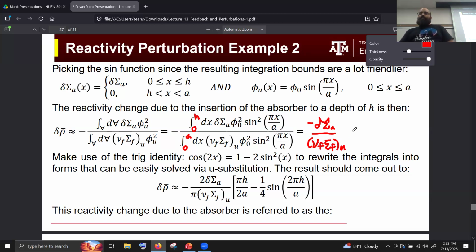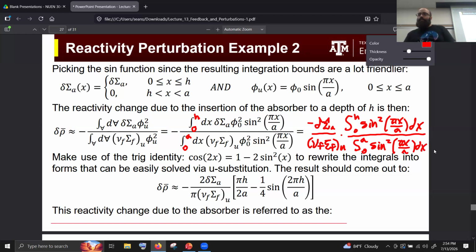And then I'm going to have what's left over of these two integrals. So I'm going to have the integral from 0 to h of sine squared pi x over a dx in the top, and then in the bottom, that same integral, but going from 0 all the way up to a, of sine squared pi x over a dx.